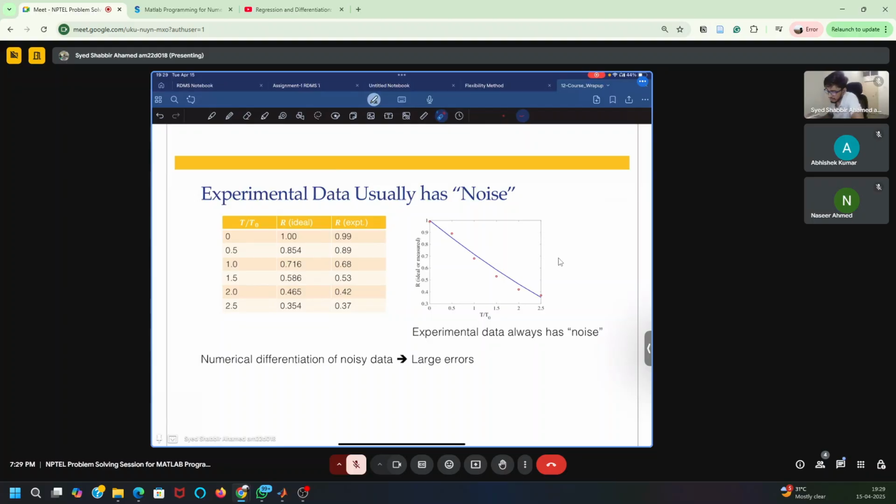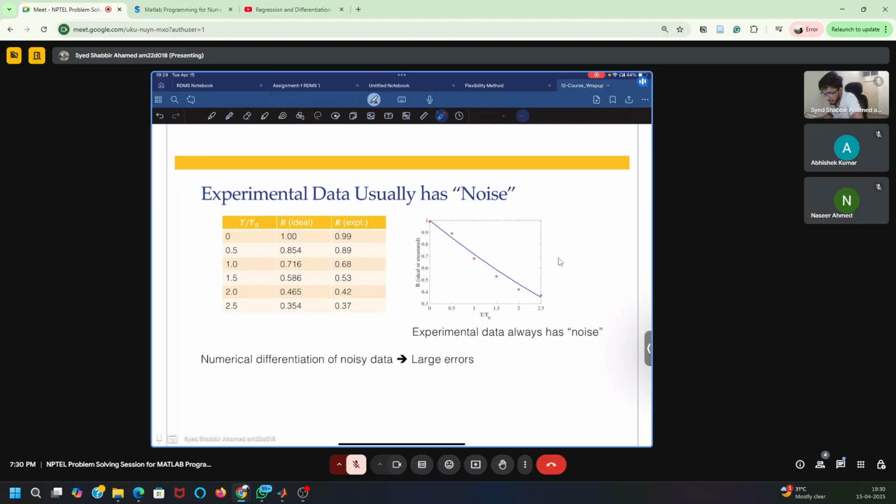Here, these red dots are the experimental data. When we do experiments and collect some data, there is noise present in the experimental values because of environmental factors or precision issues in the sensor.